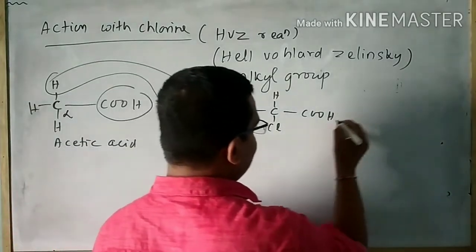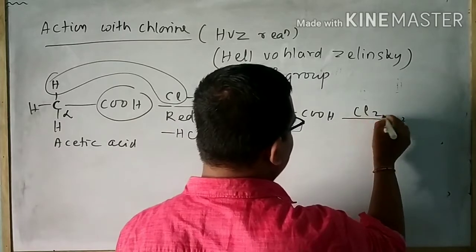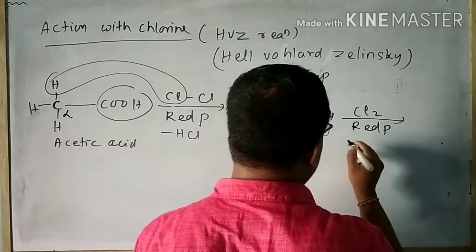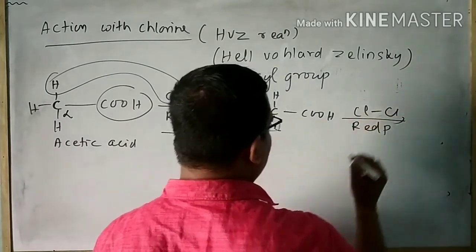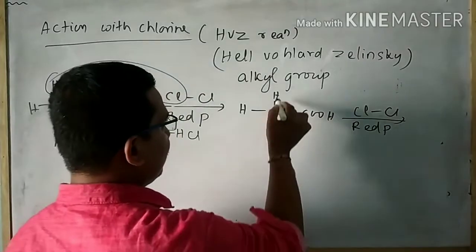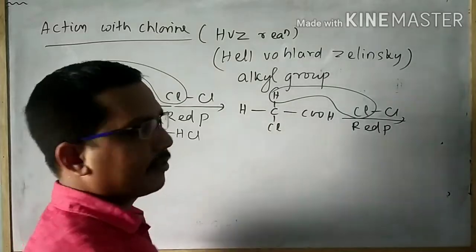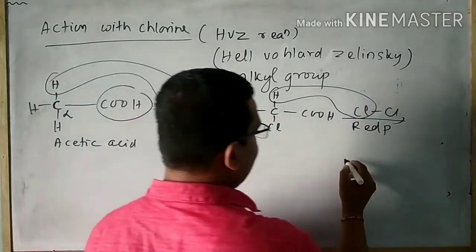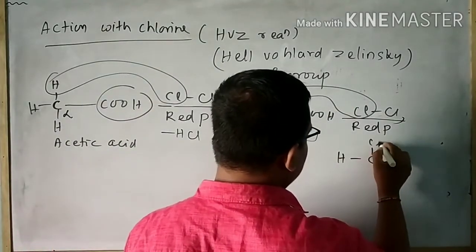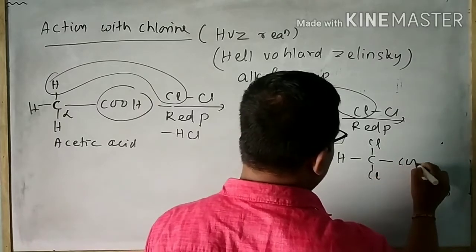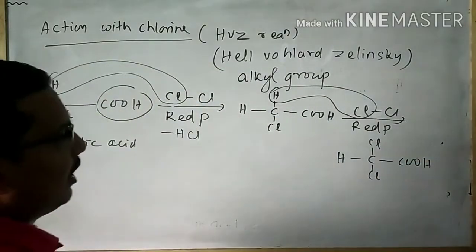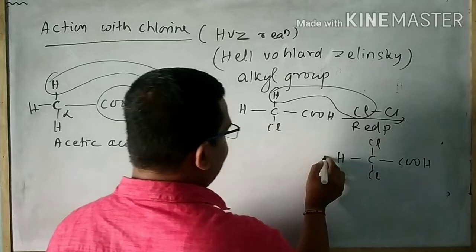Again, this monosubstituted product again reacts with the chlorine in the presence of red phosphorus. Again, one molecule of HCl is removed like this, and second chlorine atom is attached to form disubstituted. This is the product.